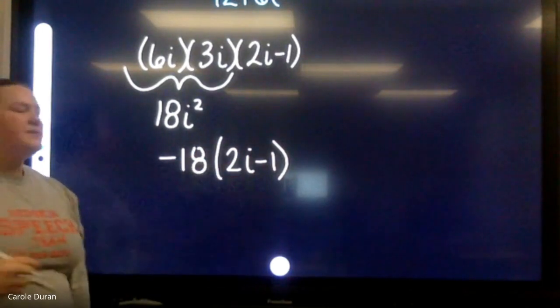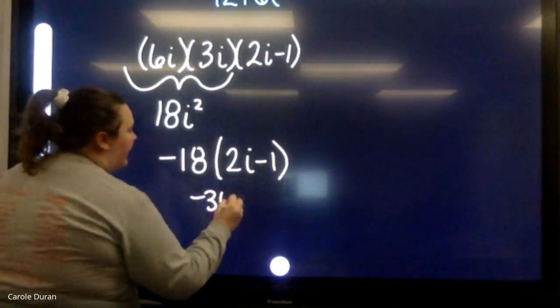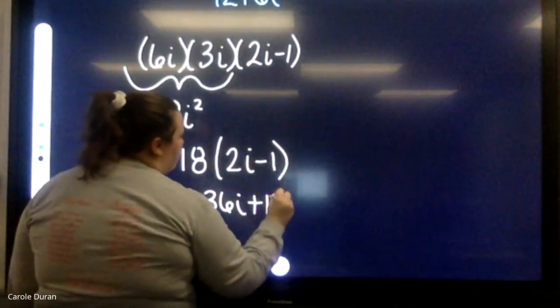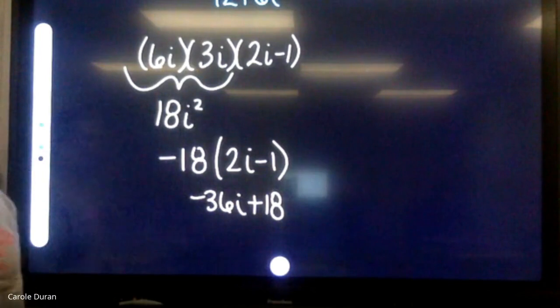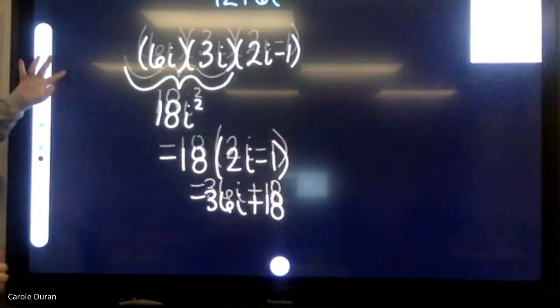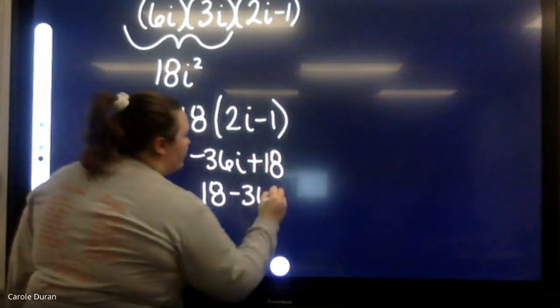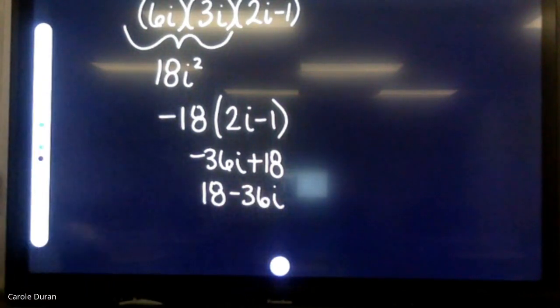Negative 18 times 2i is negative 36i. Negative 18 times a negative 1 is a positive 18. And then I reorder it, so the imaginary term is last. So this is the same as 18 minus 36i. Give everybody a chance to write that.